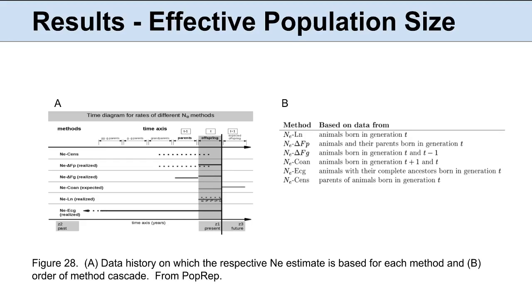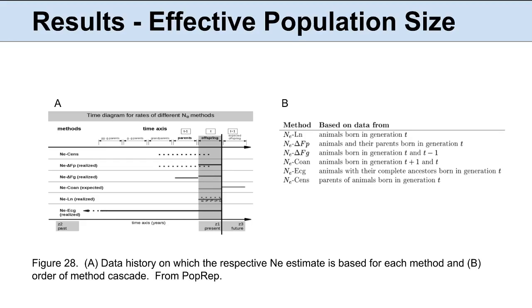It's showing you what generations it is looking at for each of these methods and who they are looking at for figuring out the effective population size. So if they're looking at just the offspring, if they're looking at the future, if they're looking at the past, if they're looking at the parents. And what table B on the right shows is it explains each of these methods in more depth.